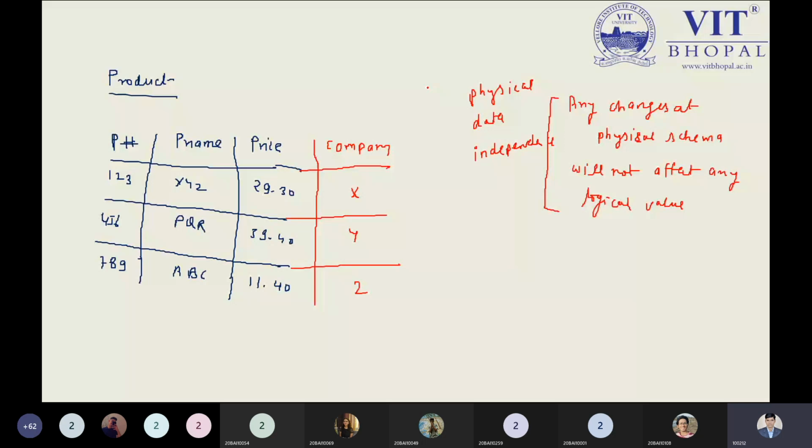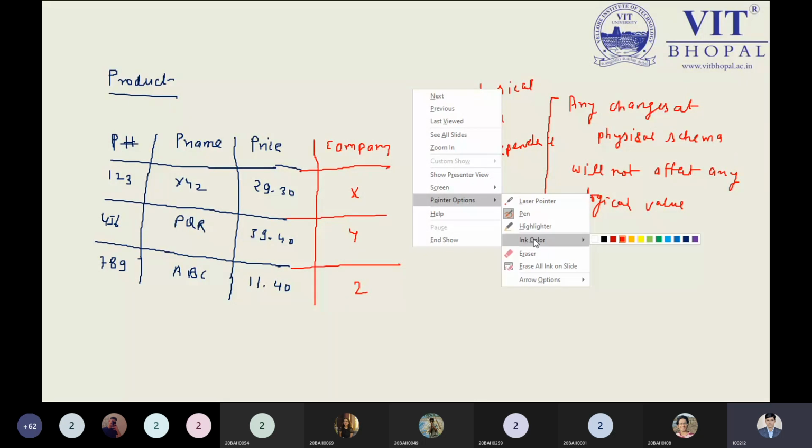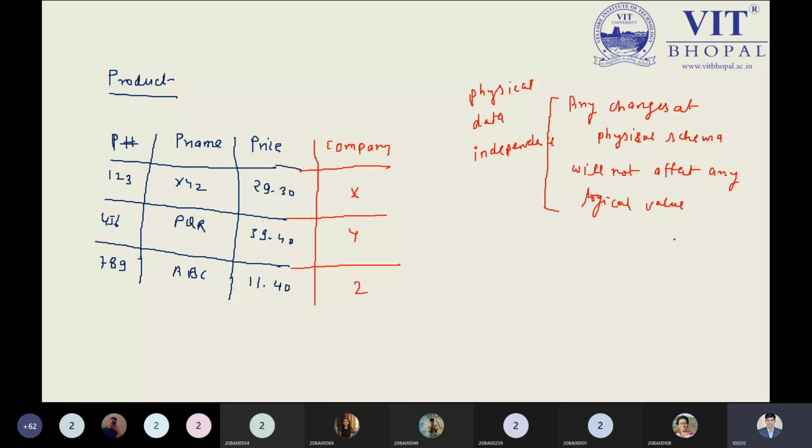Now I am choosing a different color for your betterment. Suddenly I found that the product name we mentioned, ABC, should not be that. It should be different, like MN. So I am changing something at the logical level.